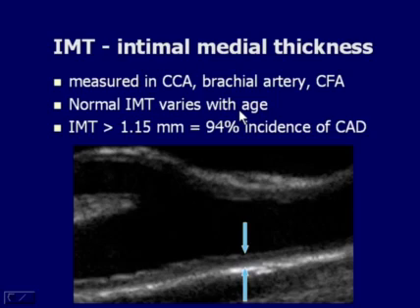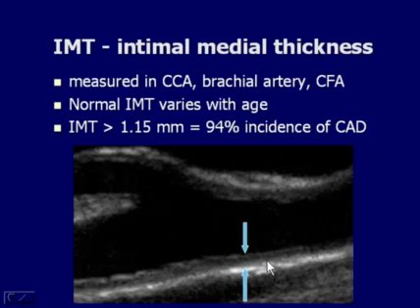Now, I mentioned briefly the intimomedial thickness, and I only mention it in this application as some folks have chosen to measure it at the common femoral artery. You basically place a caliper at the interface between the vessel wall and the blood, and at the next bright interface, which is really delineating the media and adventitial boundary.